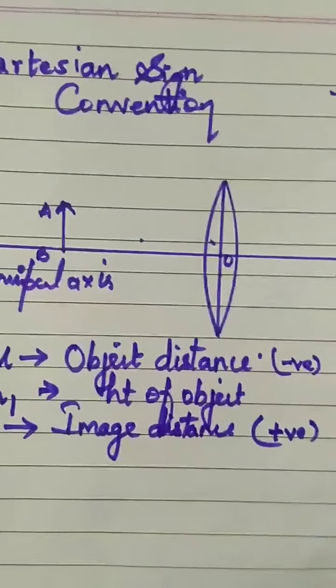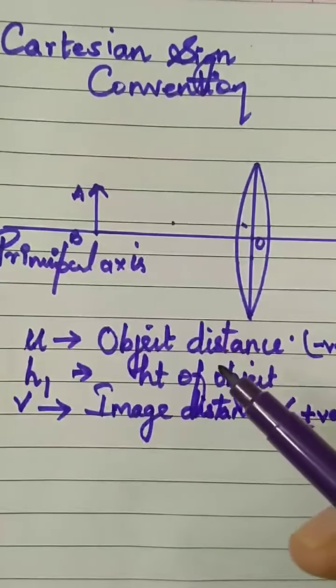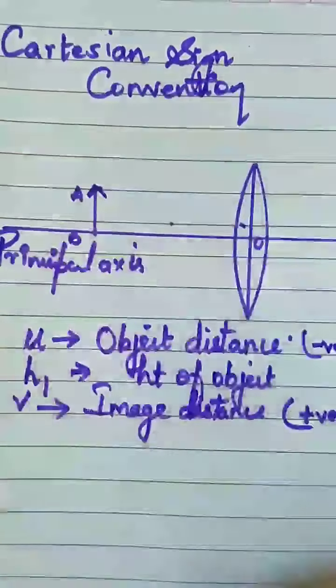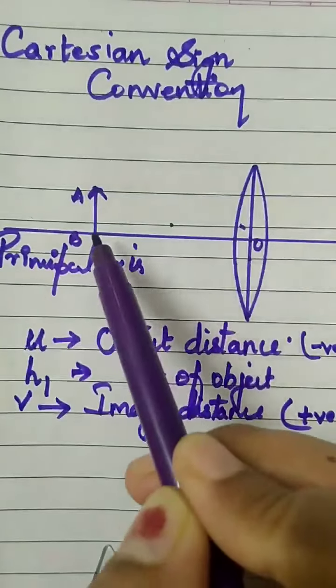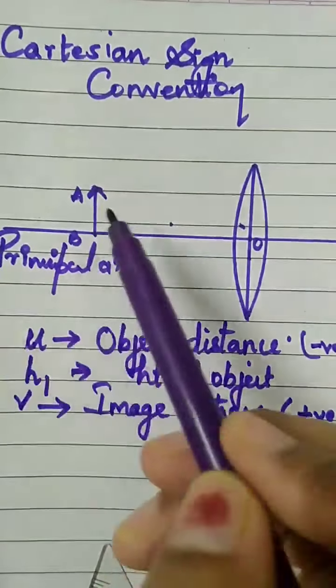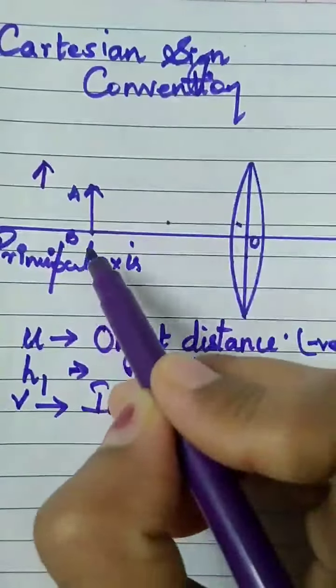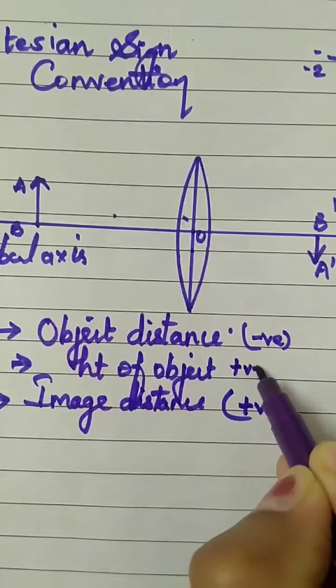Now let us talk about the height. How to consider positive and negative? All the heights that you measure from the principal axis in the upward direction will be positive.